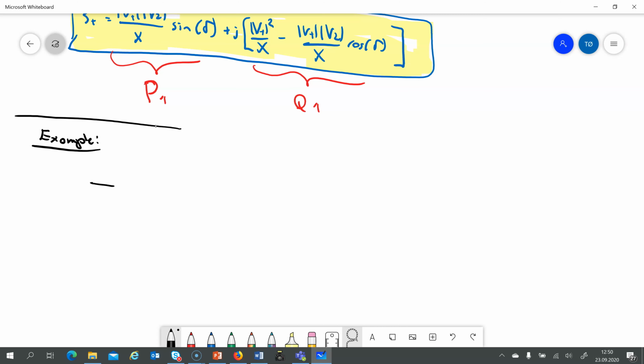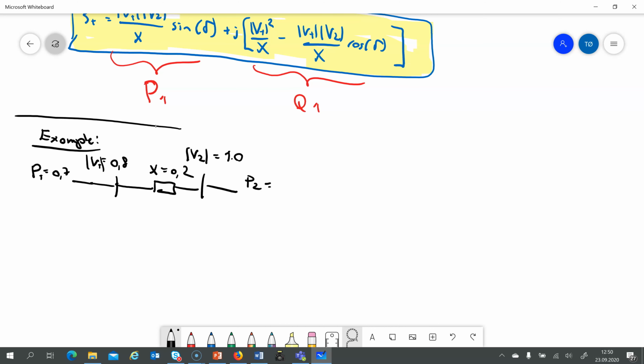We have the following line. We have reactance X equals 0.2, V1 is equal to 0.8, we have V2 equal to 1.0, and we have P1 equal to 0.7, P2 equal to 0.7.